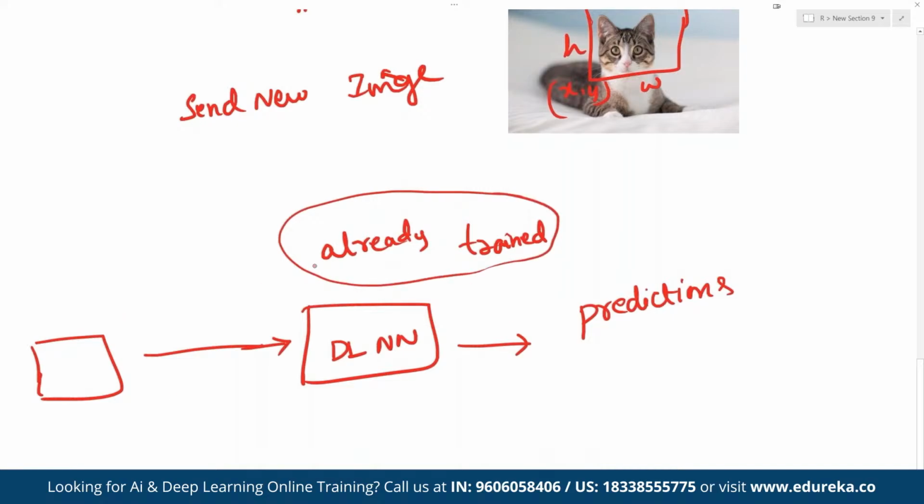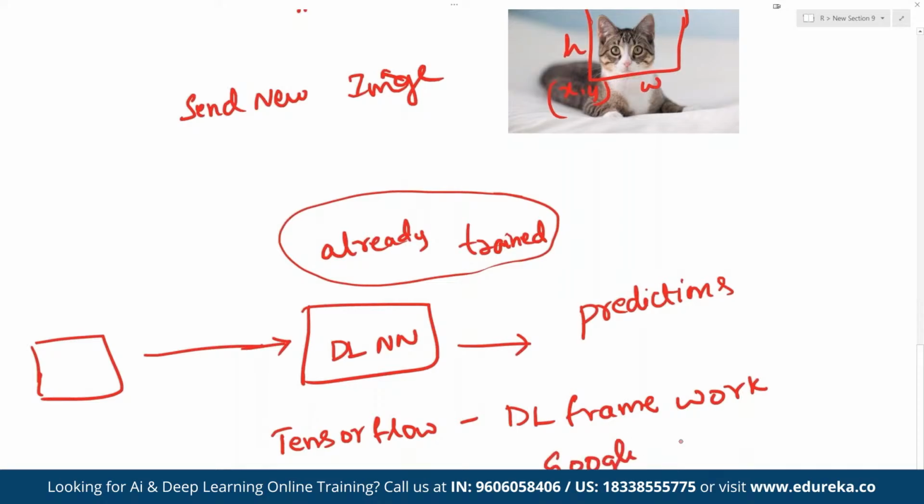Now to perform this, that is to use this pre-trained model, send the input data and generate the predictions, we will be making use of TensorFlow. TensorFlow is the deep learning framework that we will be using. This TensorFlow is an open source machine learning platform created by Google, and it is one of the go-to tools now to perform any deep learning relevant task.